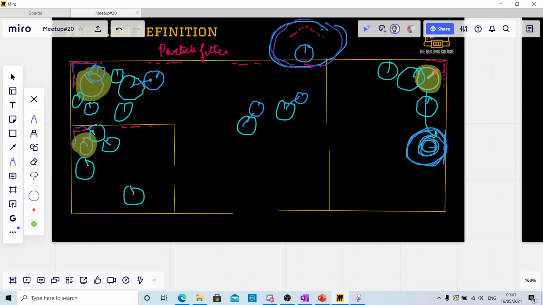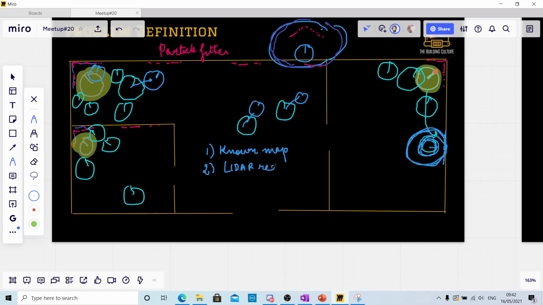So to summarize, let me write a few steps, because I think it can get complicated. So the initial step is, let me write what we know. We have a known map. We have a lidar.